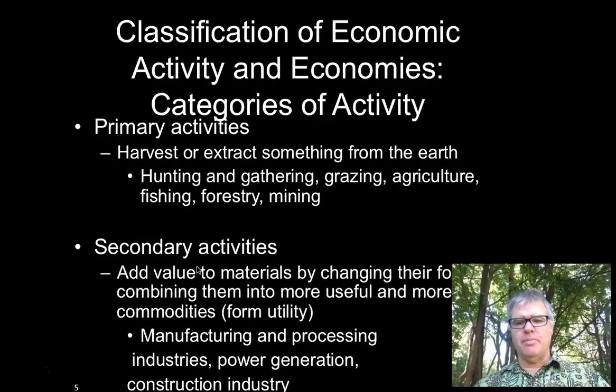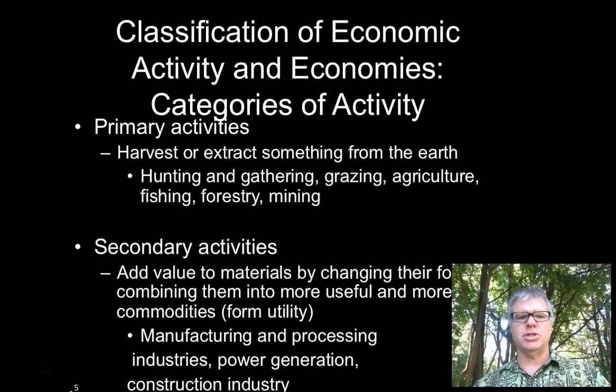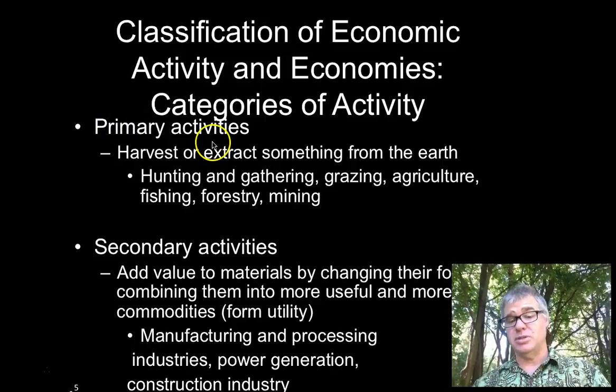So the first thing I want to talk about is the idea that there are different types of economic activities, of which agriculture is one. The way geographers and other social scientists look at these things is we divide economic activities into three, or nowadays kind of four, major categories. The first one is primary activities.